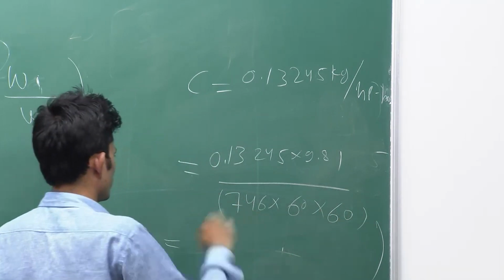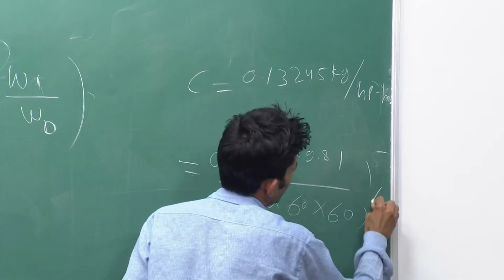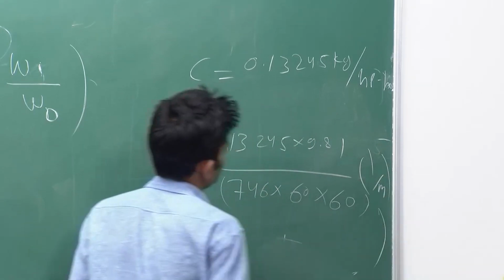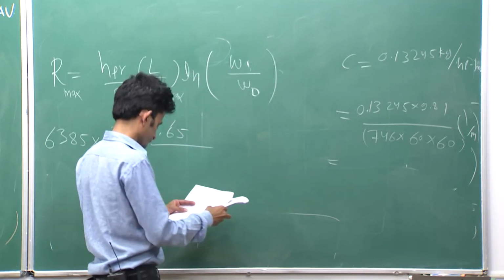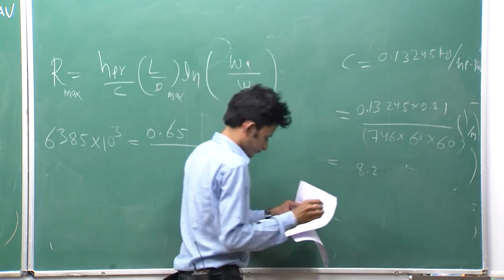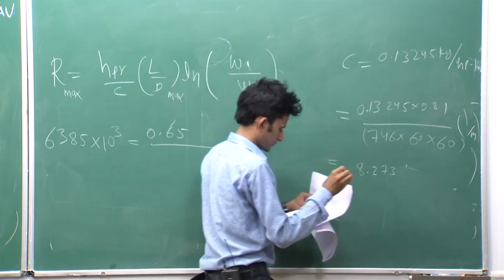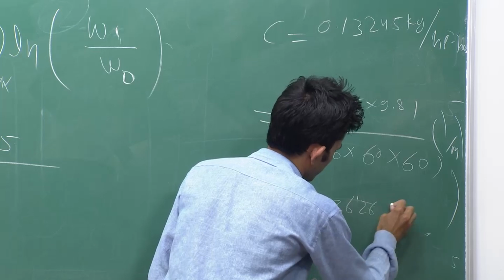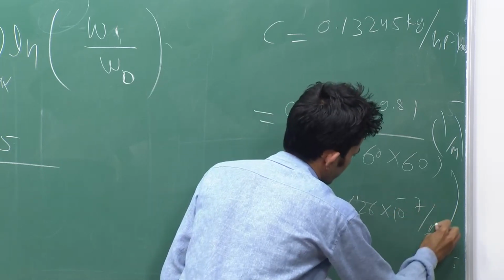Finally you will get the unit as 1 per meter. So this value will come out as 8.273626 into 10 power minus 7 per meter.